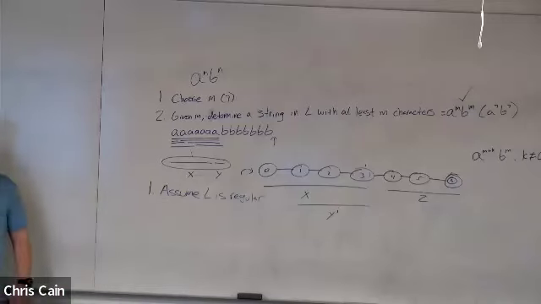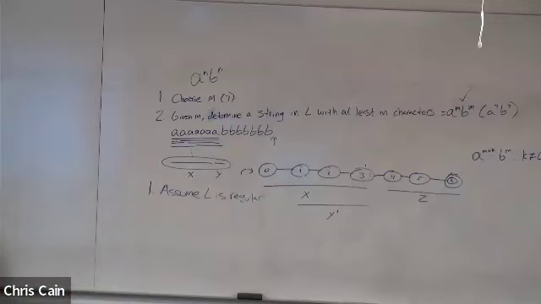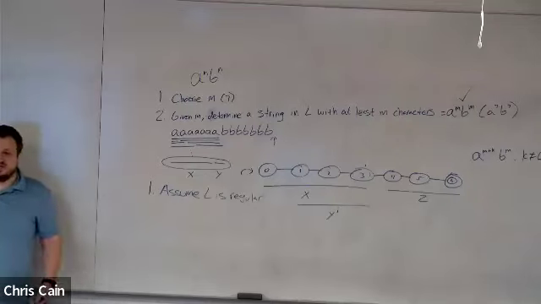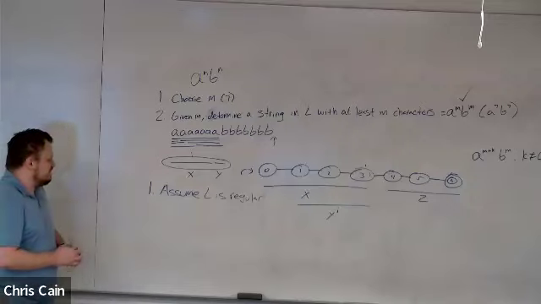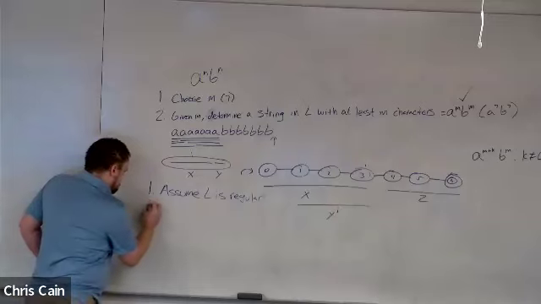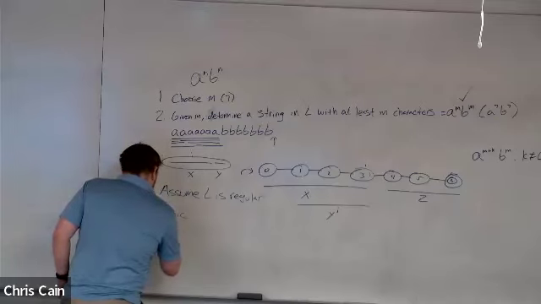Some of the homework problems will, on the other hand, say something like prove whether or not L is regular. In which case you can attempt constructing a DFA for it. If it is regular, that will be possible. If it's not possible, then you need to go through this process to be able to prove that it's not regular. So we're going to assume L is regular. We're going to logic. And then we are going to derive a contradiction.